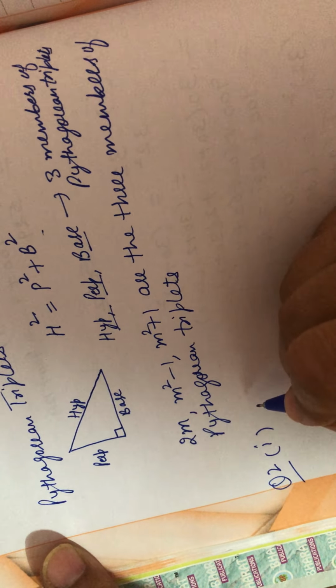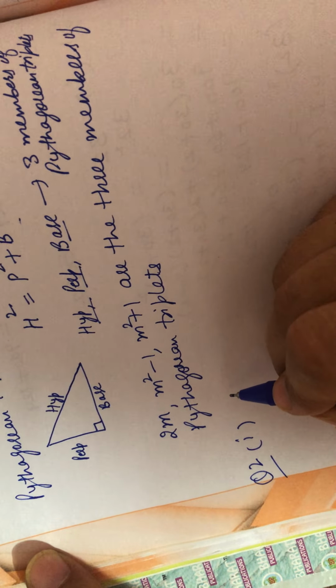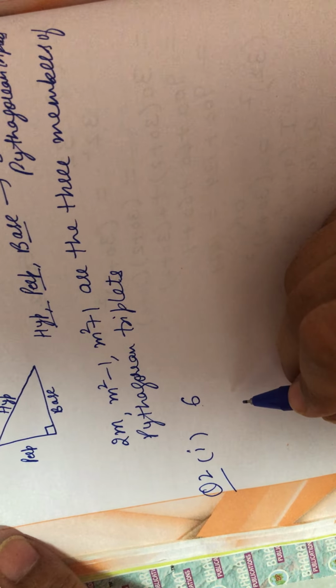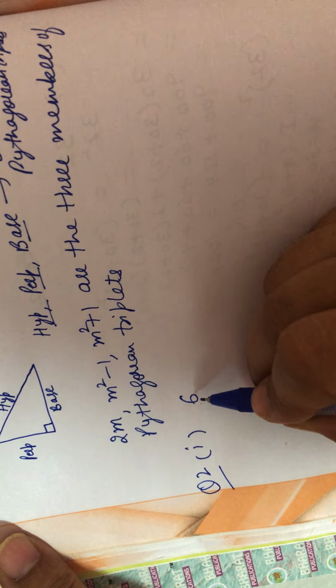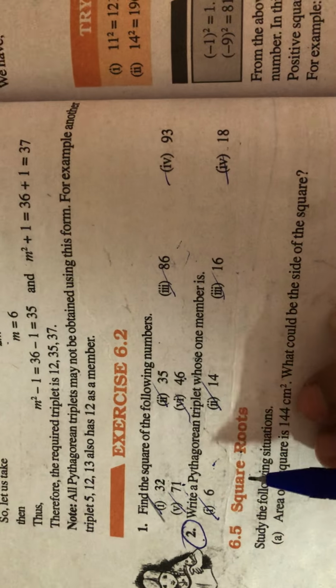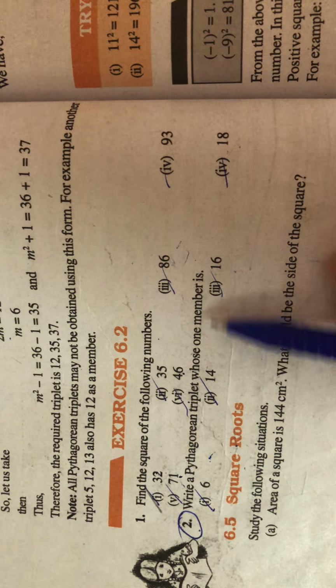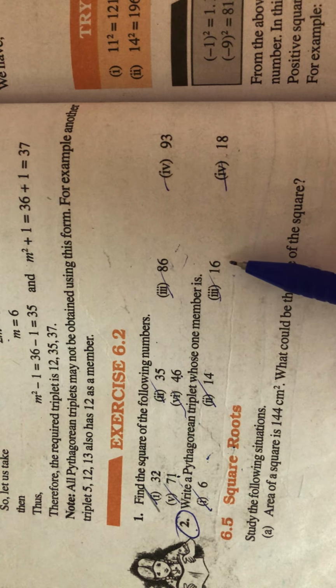Now we'll do question 2. If one member is given to us, like in first part 6, one member is given. You can see second question, first part, write a Pythagorean triplet whose one member is 6, second part 14, 16, 18. So you can see all are even numbers.